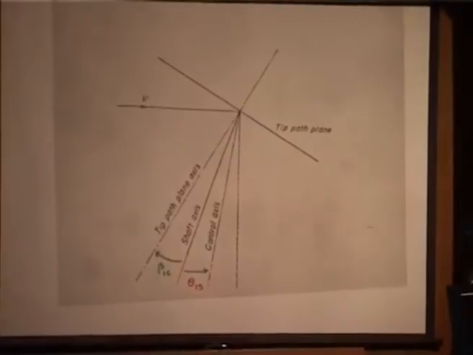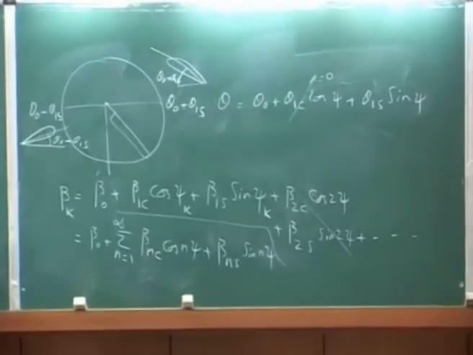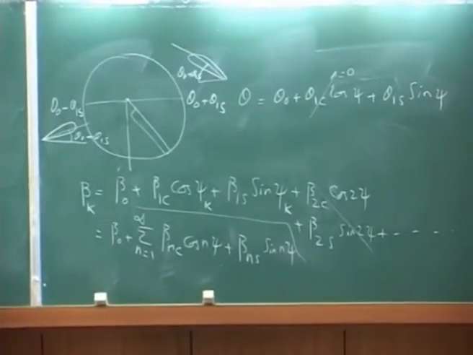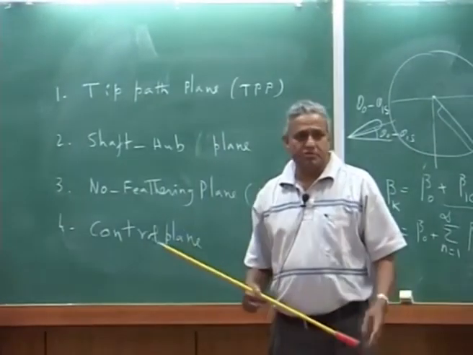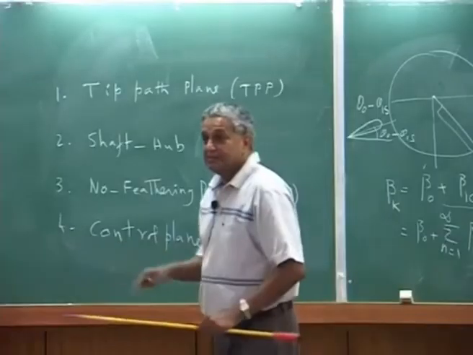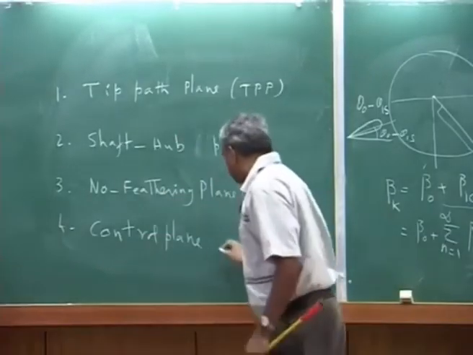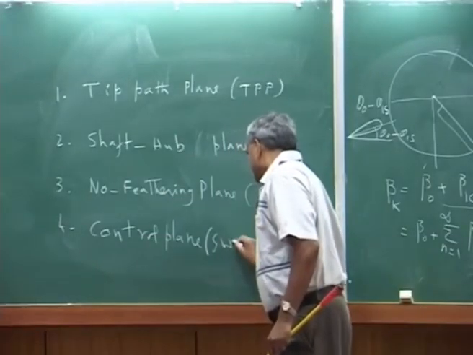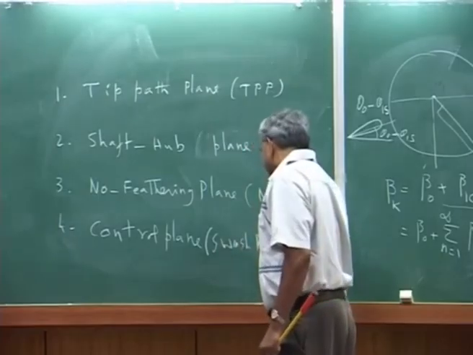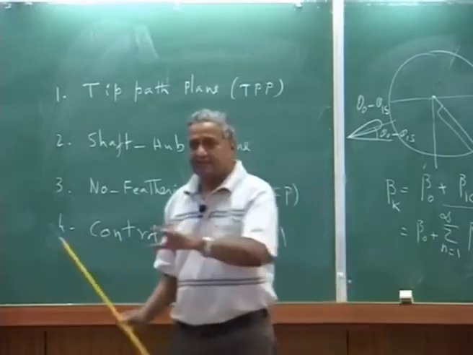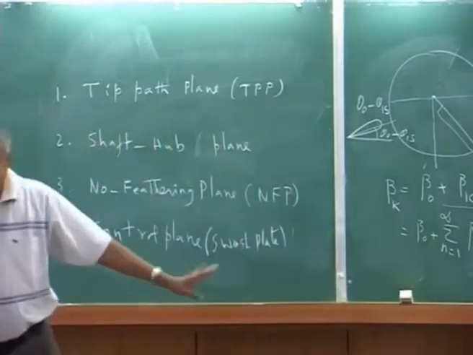That is what is shown here, the theta 1s. Okay, just for indication. Now this is the same as, then I mentioned, control plane. What is control plane? Control plane is basically the plane of the swash plate. But please understand, I mentioned swash plate here because swash plate is there for these helicopters.